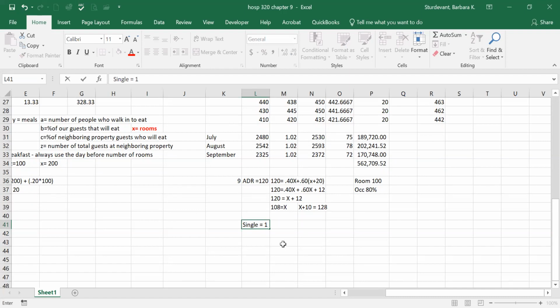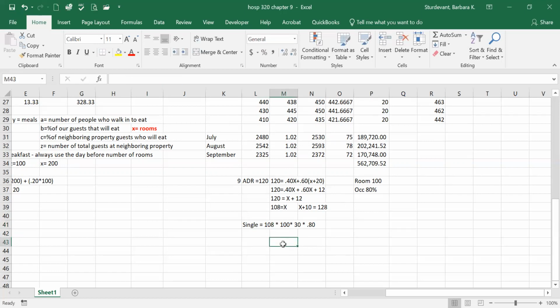Price is 108. We know that there's 100 rooms times 30 days, and we know that the occupancy percentage is 80. So we have the price, the days, and the occupancy percentage.